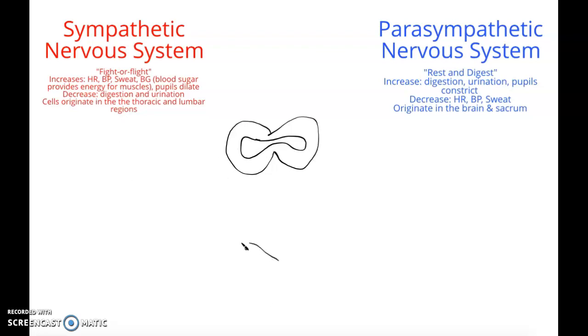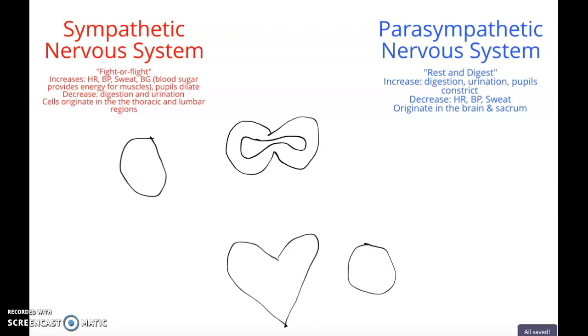And then down here, the effector organ we're going to use is the heart. This is not anatomically correct. And then on the sympathetic side, the sympathetic chain ganglion is where the nerve synapse is pretty close to the spinal cord. On the parasympathetic side, the ganglion are pretty close to the effector cell organs. See, I added a few labels in case my drawing skills aren't good enough.